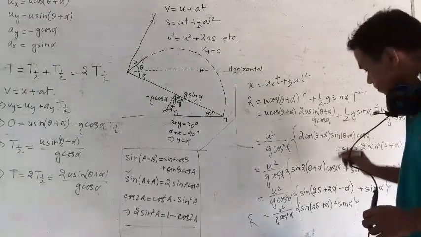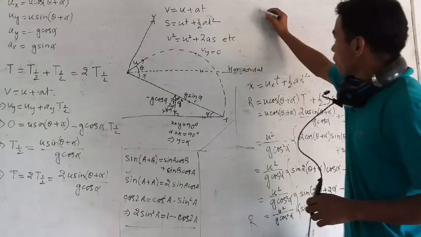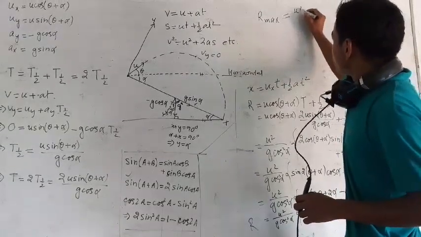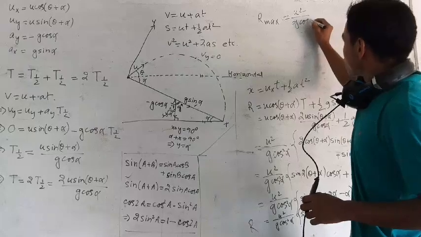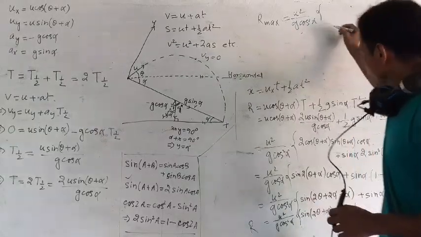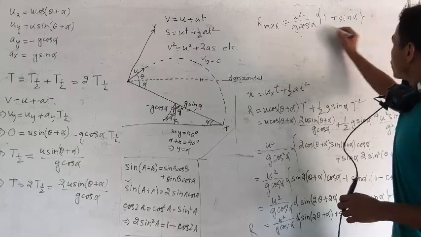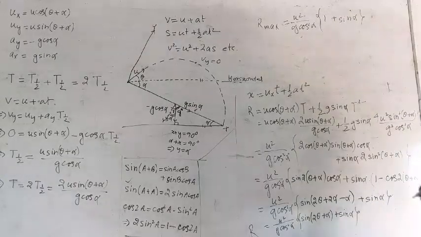So for the maximum range, R_max is u² divided by g cos²α, whole into 1 plus sin α. This must be the expression for the maximum range.